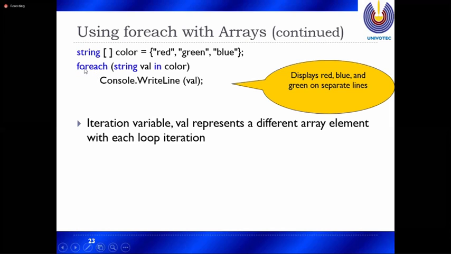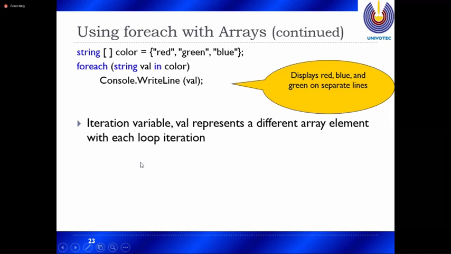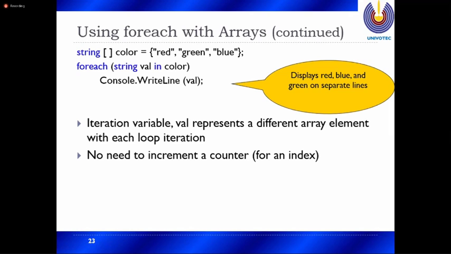This is also repetition: for loop, while loop, and foreach you can also use. That's a repeated loop, each loop iteration. The iteration variable val represents a different array element with each loop iteration. There is no need for an increment or counter or an index.